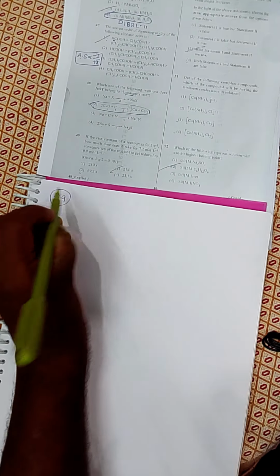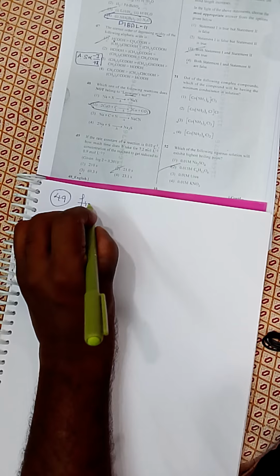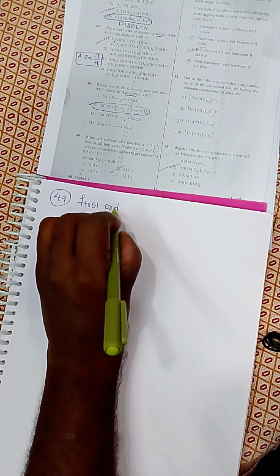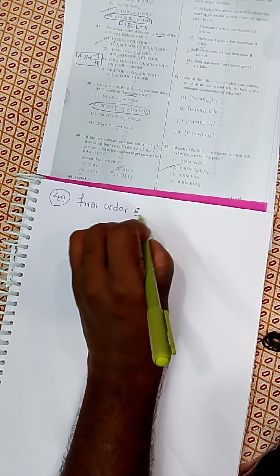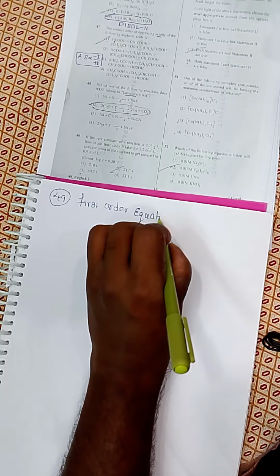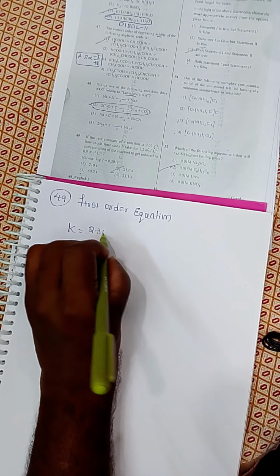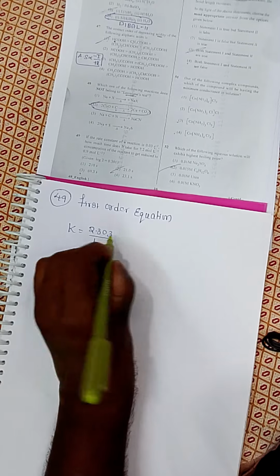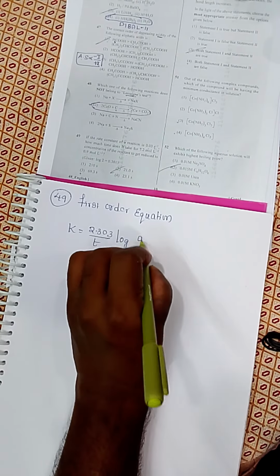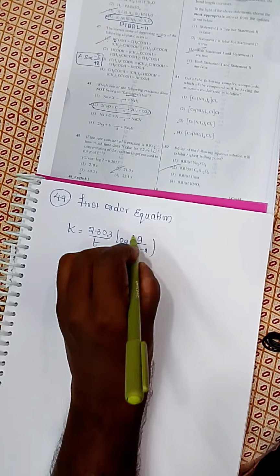Here, the first order equation. In the first order equation, K equals 2.303 by t log a by a minus x.